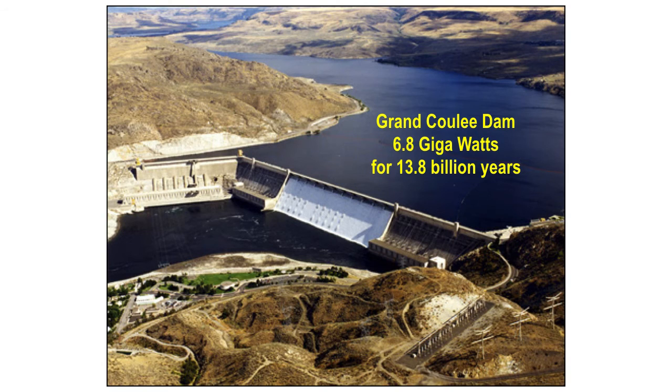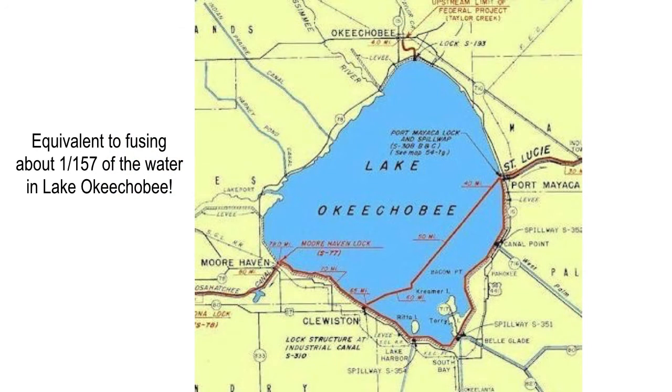So you might think, well, that would fill the universe with water. That'd be a lot of water. It'd be zillions of grams. Wrong. It would basically be about 157th of the water in Lake Okeechobee.